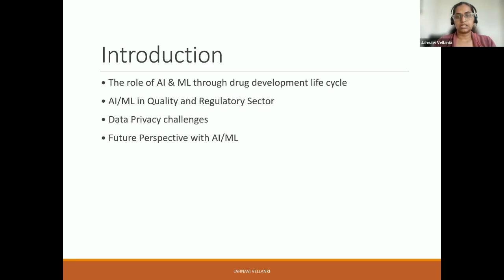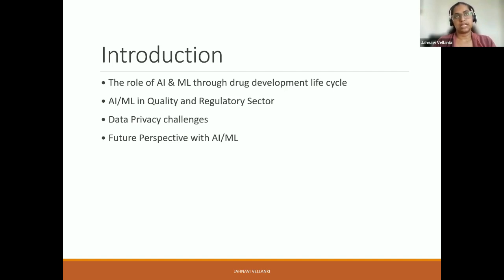We shall discuss predictive algorithms in target identification, artificial intelligence based simulations in clinical trial designs, machine-based compliance monitoring in manufacturing, and real-time analytics in pharmacovigilance.